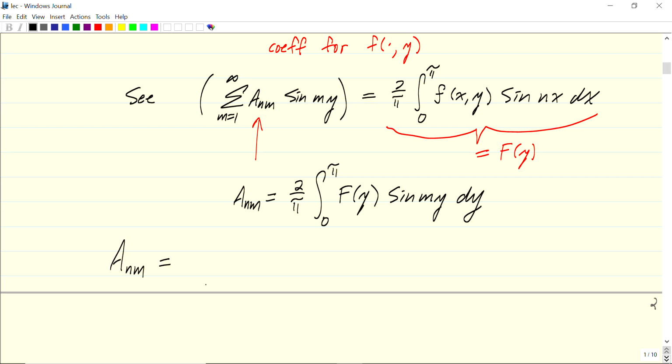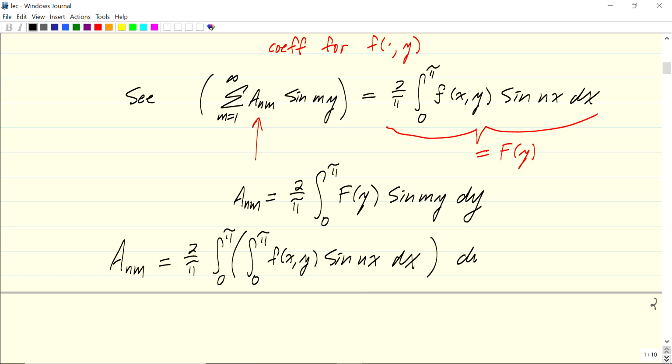I'll put that f of y, what it is, in there. So I'll get a 2 over pi, integral from 0 to pi, integral from 0 to pi, f of x,y, sine nx, dx, dy.